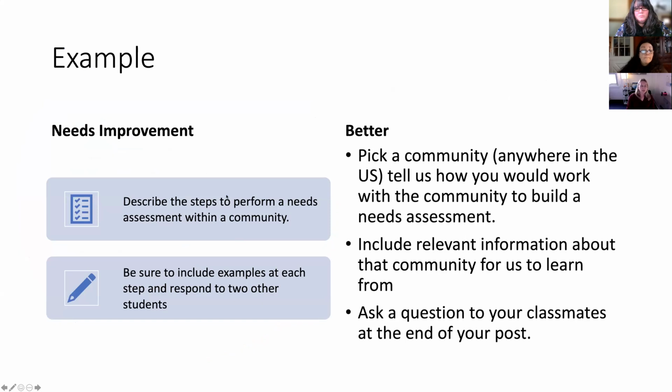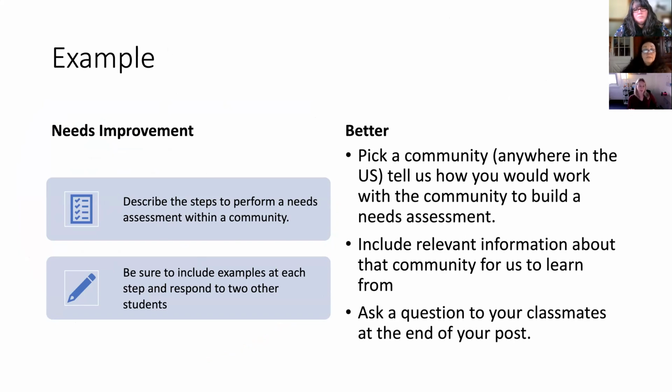So some things to think about. Here's an example, and it might not be the best example, but it was the one that came out of my brain as I was creating this. When helping faculty create courses, I often see a prompt that describes the steps to perform whatever within a community. Okay, so stepwise. When I think about this, it could be all the same steps for every single student.